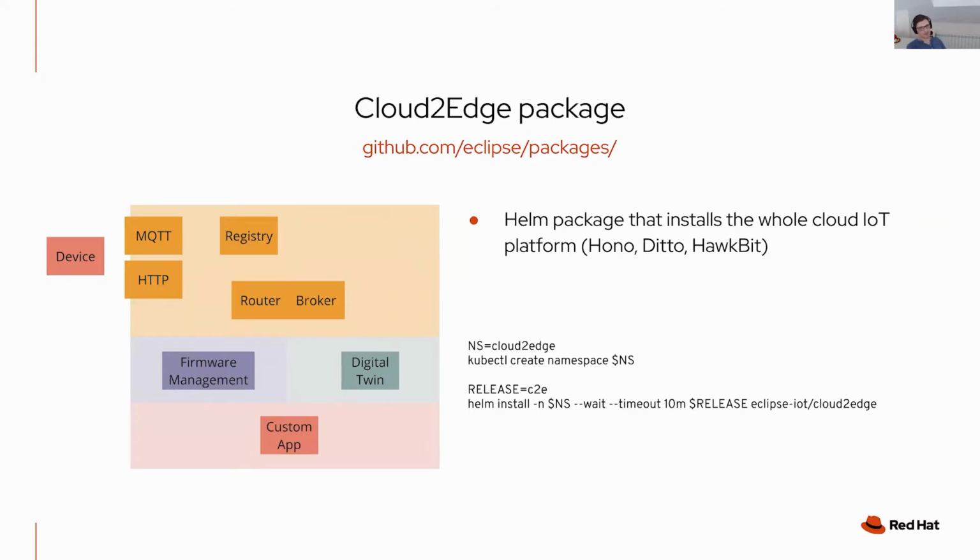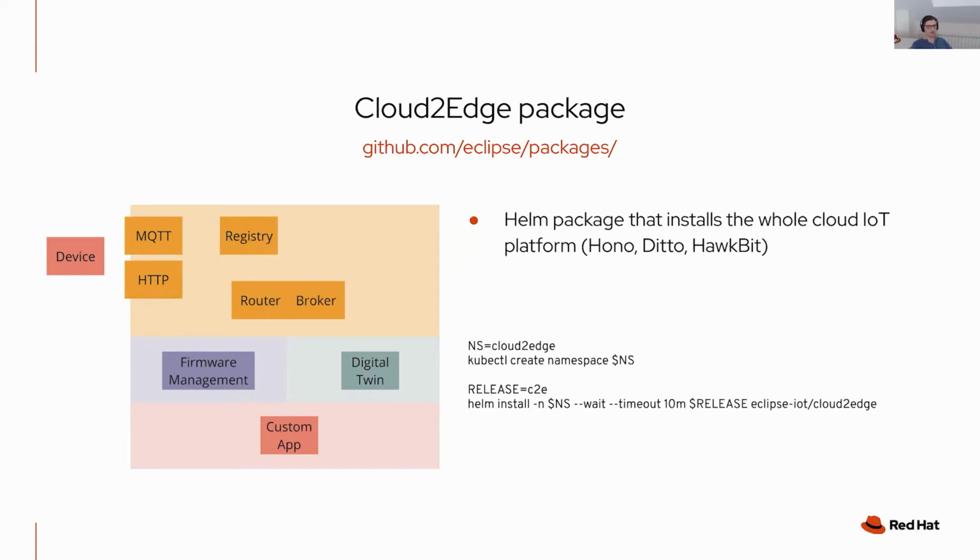Over time, the Eclipse IoT community on the cloud side standardized on Kubernetes. So the idea was to create a new project. We call it IoT Packages, to provide Helm charts for all these projects and maintain them there.